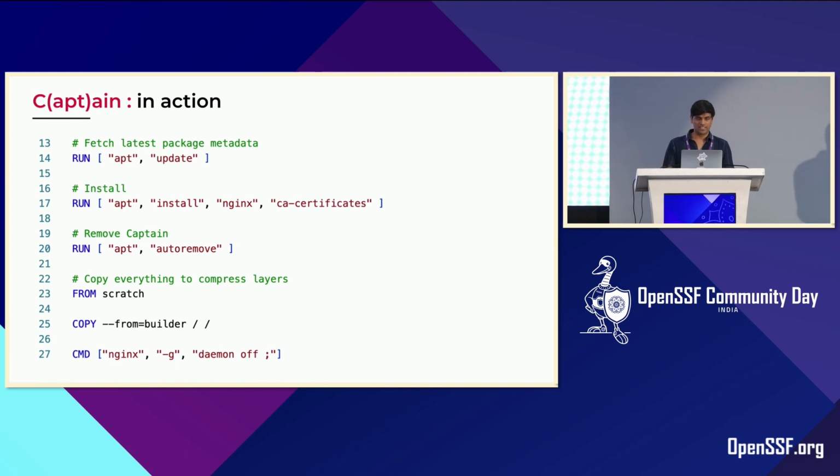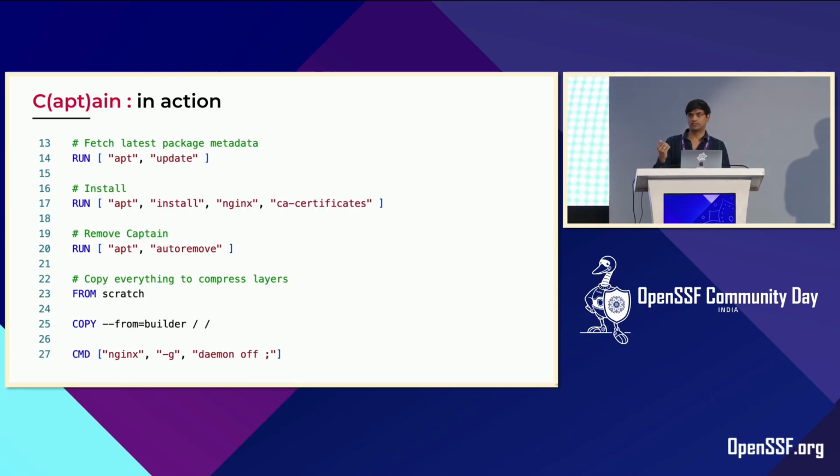So now I am using Captain. I can run an apt update to sync the package metadata from the archive. Then I can install whatever packages I want, like apt install nginx, ca-certificates. And then we have added a command to Captain, autoremove, that makes Captain remove itself from the container.